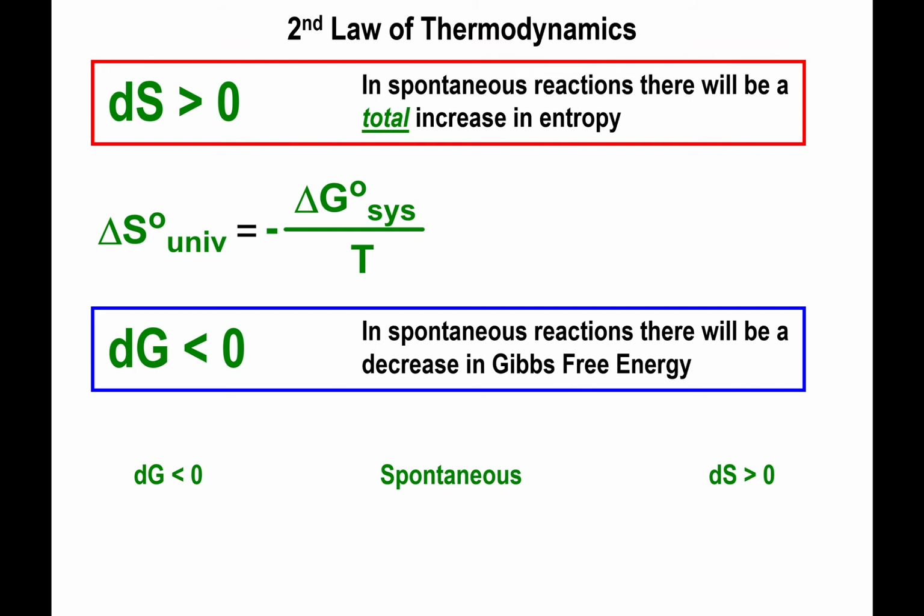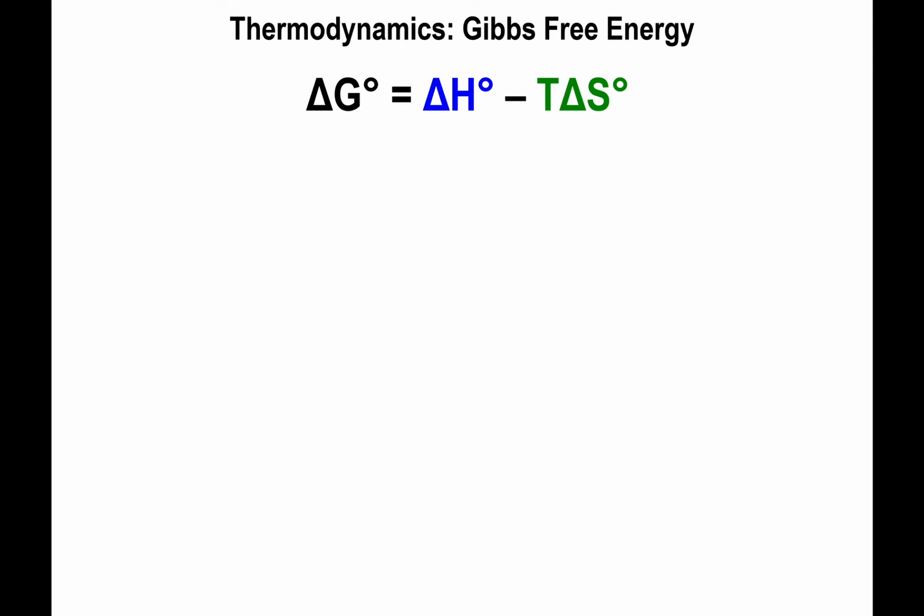So negative delta G or positive delta S universe is a spontaneous process. Positive delta G or negative delta S universe is a non-spontaneous process. We're going to look at the particular situations where you could end up with a spontaneous or a non-spontaneous process, and we're going to do it in a very qualitative manner.